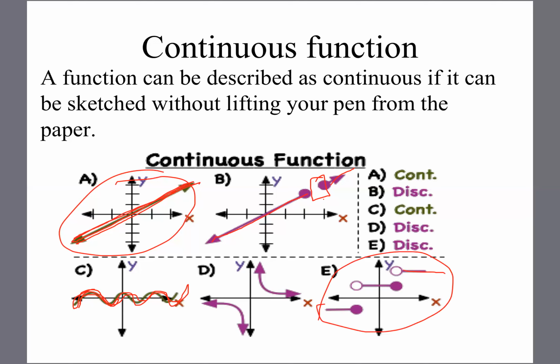Because if the graph C presents the function this way, then this is a discontinuous function, right?